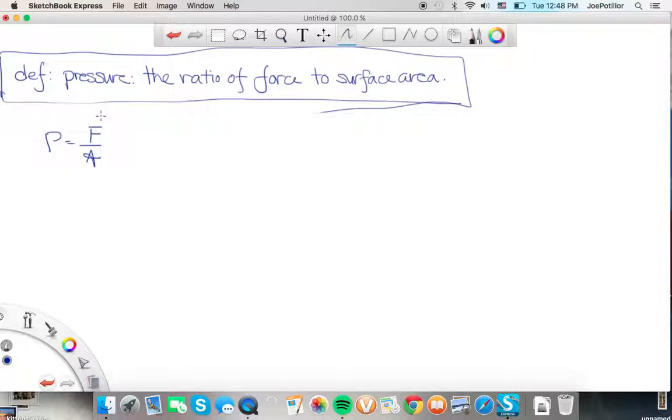We want to consider their average force, or the sum of the forces, like this. So we of course can write this equation as pressure is the sum of all forces over the total surface area. When you can manipulate it so that sum of forces is equal to pressure times area. Okay?